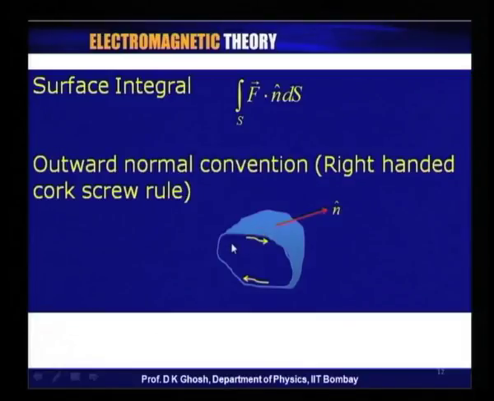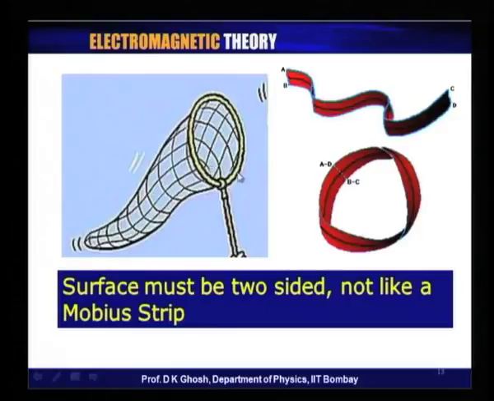So, we adopt a convention which is called the right-handed corkscrew rule, with which you are all familiar. Suppose this curve is being turned along the direction of a corkscrew, then the direction in which the head proceeds is the direction of my normal to the surface, the outward normal. That is why I said a butterfly net is very clear.